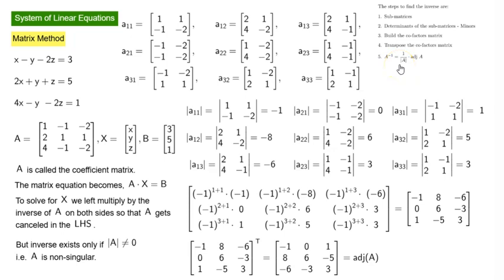What is the next step? Now use this determinant of A and the adjoint of A to evaluate the inverse of A. So our formula is A inverse is equal to 1 by determinant of A times the adjoint of A. So A inverse is equal to, remember the determinant is 3, so 1 by 3 times the adjoint of A, which is what this is.